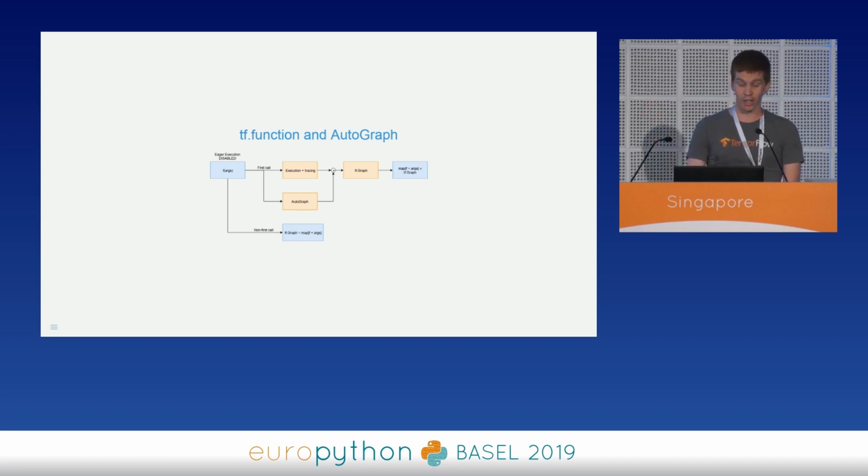Then, based on the function name and on the input parameters, a unique ID is created and associated with the graph. Then the graph is placed and cached into a map, so we just have a map where ID equals graph. Any function call will then reuse the defined graph only if the key matches.